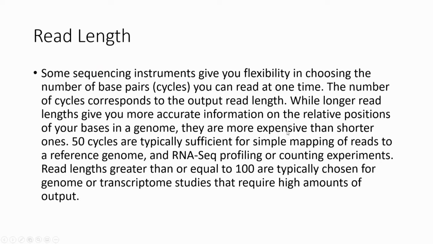They are more expensive than the shorter ones. And the 50 cycle, I mean, only reads 50 base pairs. They are typically sufficient for simple mapping of reads to a reference genome, and RNA-seq profiling, also a 50 cycle will be good enough.